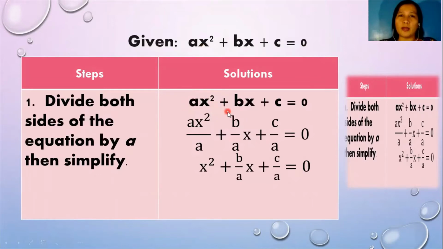So, we need to divide these three terms by a, so that we have ax squared divided by a plus b over a x plus c over a is equal to 0. So it becomes x squared plus b over a x plus c over a is equal to 0. So this is the result of dividing by a.